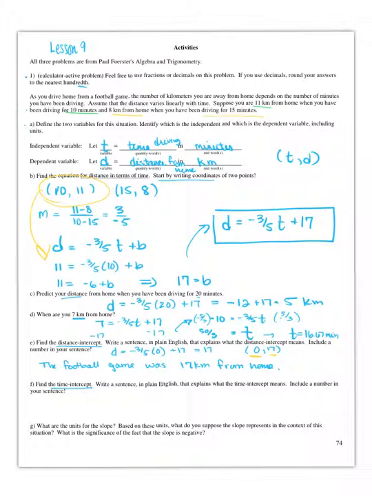Next, it says to find the time intercept. Again, we're going to let the opposite variable equal 0. And so we'll have the ordered pair when we're done, which will be our time intercept once we find t.